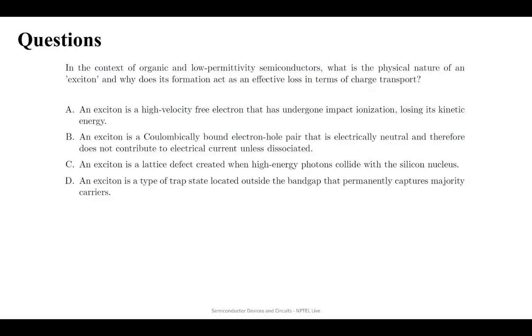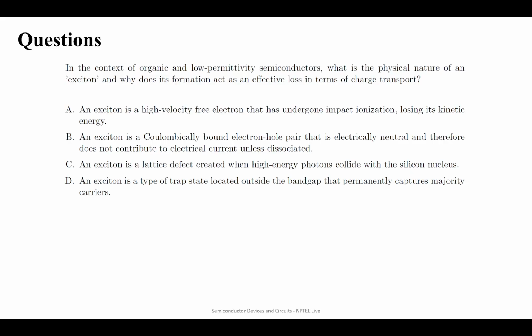In the context of organic and low permittivity semiconductors, what is the physical nature of an exciton and why does its formation act as an effective loss in terms of charge transport? An exciton is a high velocity free electron that has undergone impact ionization, losing its kinetic energy.